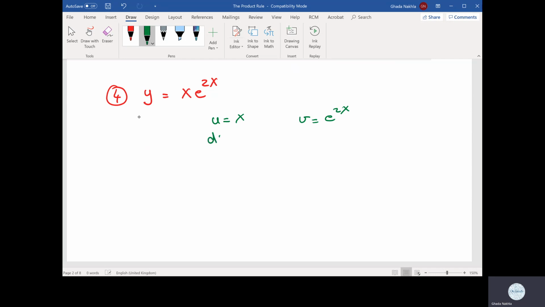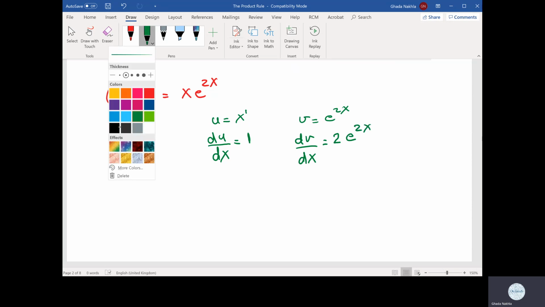And then you differentiate, you find du by dx. And when you differentiate x, you drop the power. There is an invisible 1 here, so you drop the power, which is 1, x to the 0, and x to the 0 is 1. Anything raised to the power of 0 is 1. And then dv by dx, e to the kx differentiates to k e to the kx, and k is 2, so 2 e to the 2x.